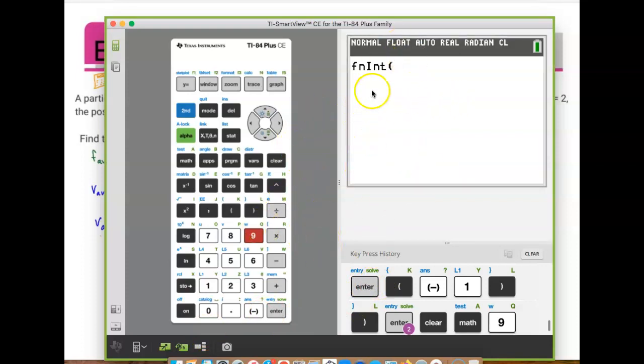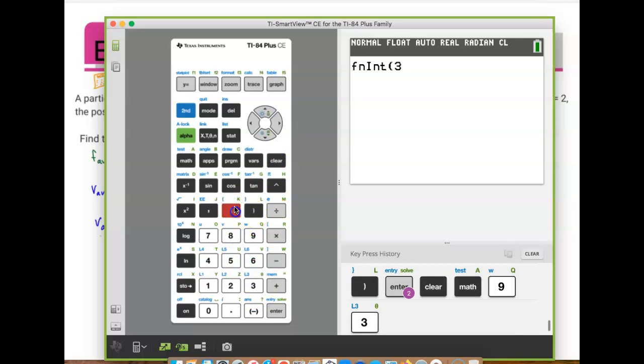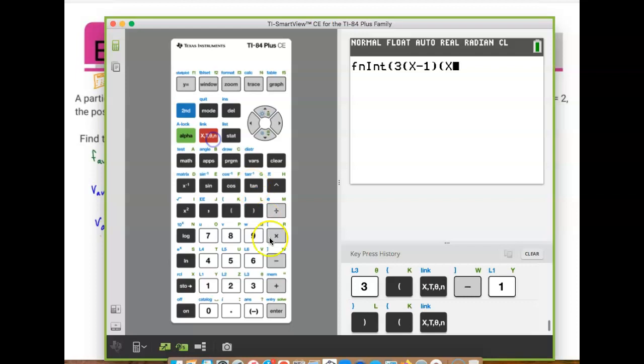But for those of you who don't have the newer operating system, you would do it like this. You enter the function that you want to integrate. So for me, that's going to be 3 times (x minus 1) times (x minus 3). Then comma, your variable, which is x, comma, your lower bound, which is 0, comma, your upper bound, which is 5 in this case.